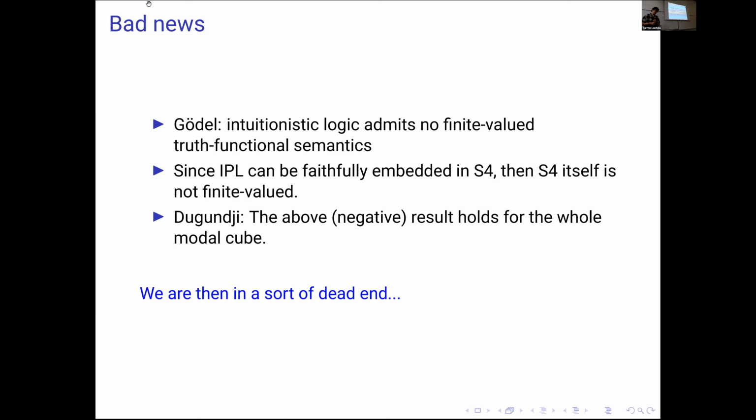And the encoding that we have of intuitionistic propositional logic into S4 tells us also that for S4 we are doomed, so we cannot do it. And this was generalized by Eugene, showing that this negative result holds for the whole modal cube. So we cannot have just matrix semantics for all these modal logics. So we are kind of at a dead end in this line of research.